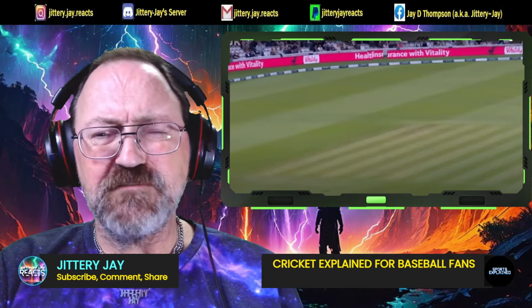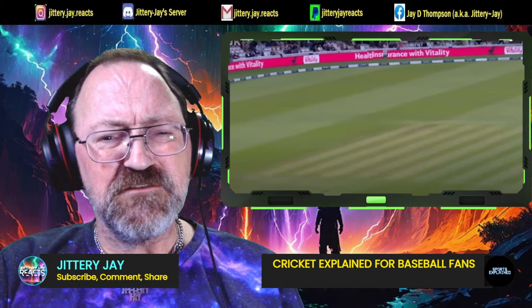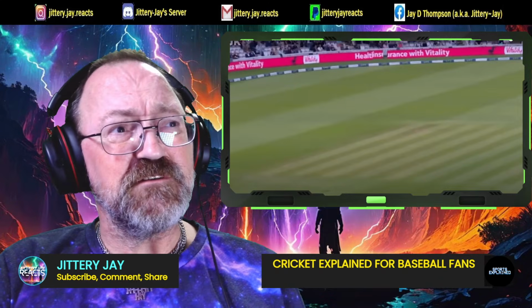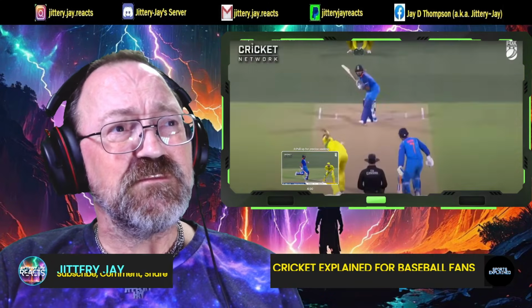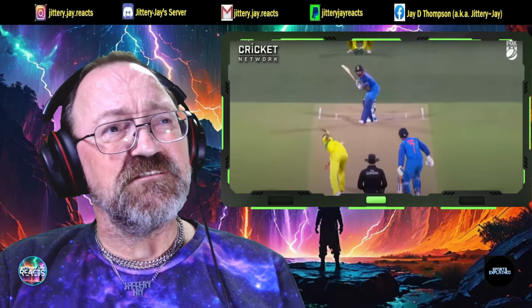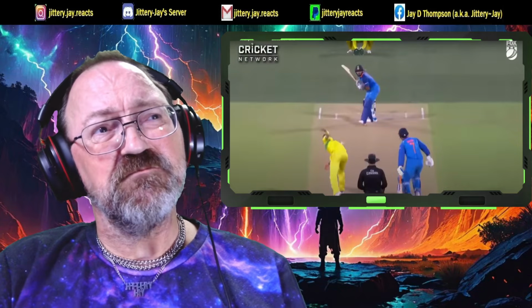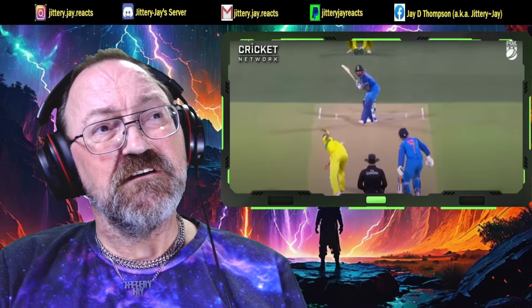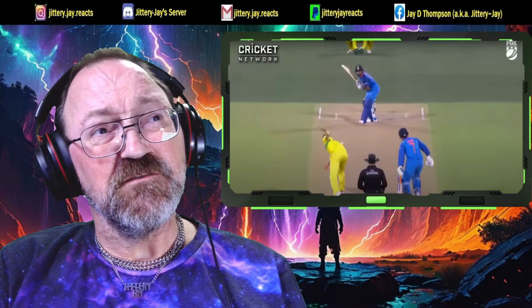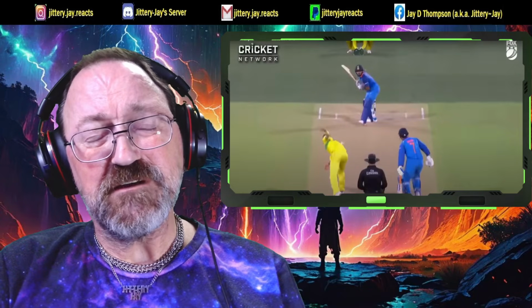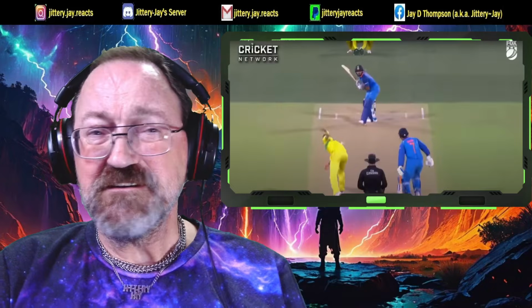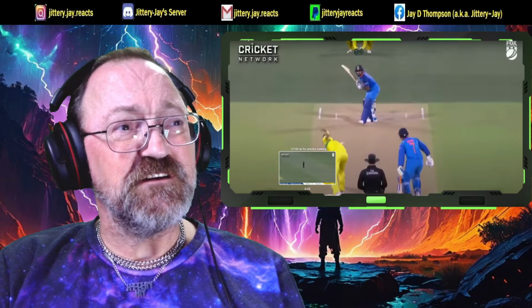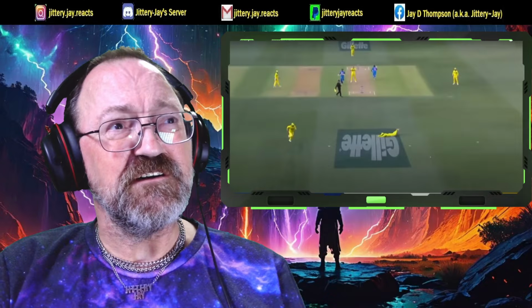I'm pretty sure 4 fouls is an out as well. At least it was when I was playing. Whereas this, they're out when the pitcher hits the wickets, or if they intentionally get hit by the ball. Is that what I'm getting? That's what it sounds like. If they intentionally get hit by the ball, they get called out.